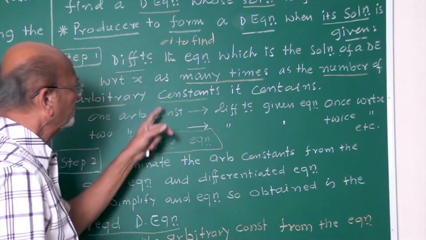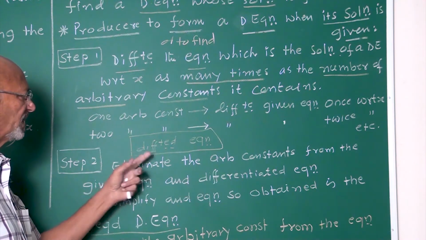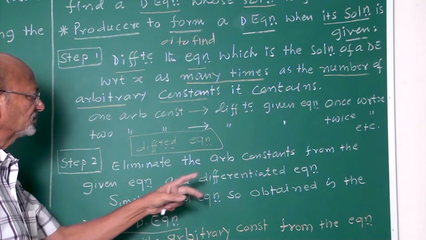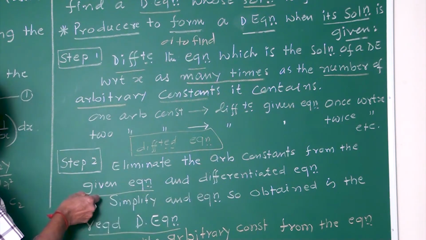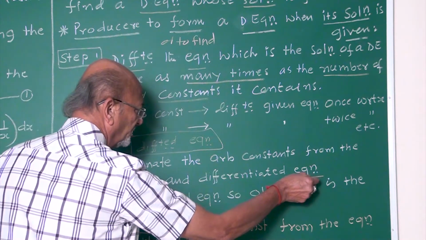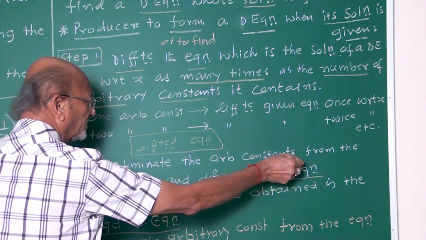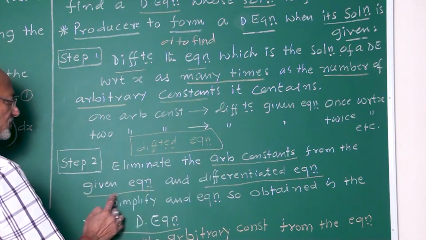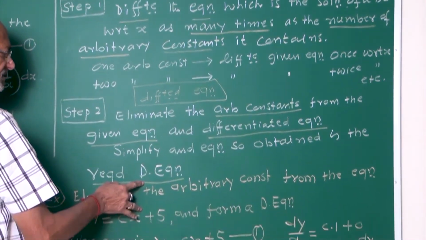Then, after differentiating that given equation, we get second, which is named the differentiated equation. Then you have two equations. One is a given equation. Another is a differentiated equation. Among these two, you eliminate the arbitrary constants. That elimination of arbitrary constants from these two equations gives the required differential equation.